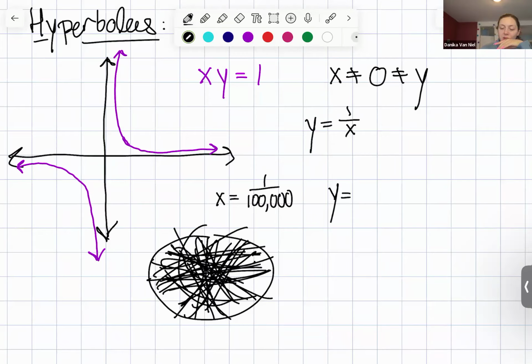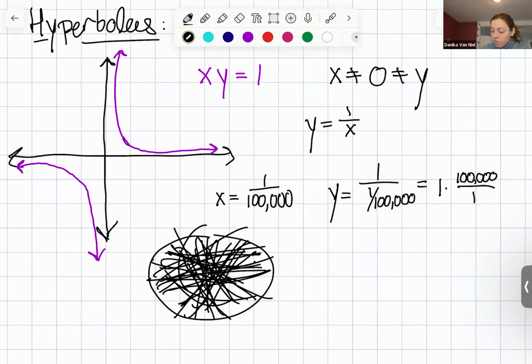But what happens when I plug that into my y equals 1 over x? Well, I get y equals 1 over 1 over 100,000. But remember, when I divide by a fraction, I multiply by the reciprocal, which is a fancy way of saying I flip the bottom. So I get 1 times 100,000 divided by 1. But times 1 divided by 1, that just makes the number the same.